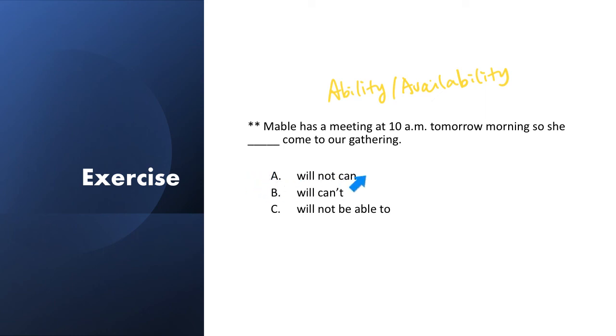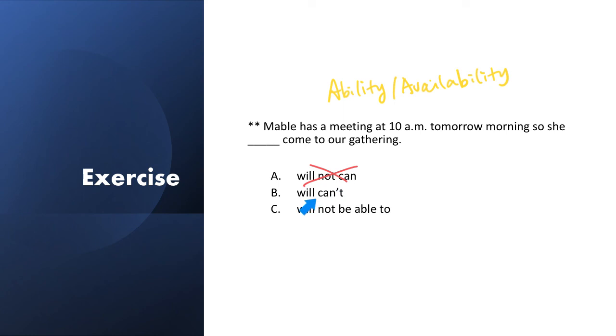A. "Will not, can." Now this one is absolutely incorrect. But a lot of students would make such kind of mistakes. Remember, the negative form of can in the future tense is not "will not, can." Alright, let's take a look at option B. "Will, can't." Well, will is in itself a modal verb. 2 modal verbs won't go together.